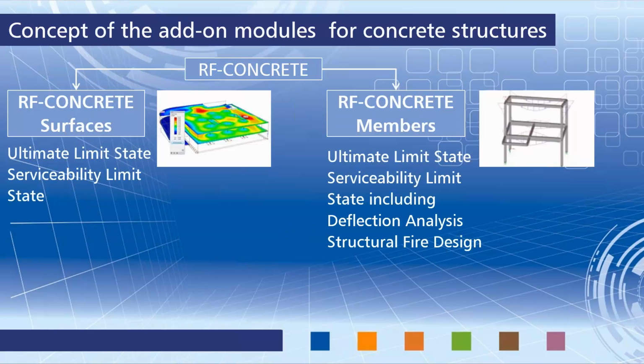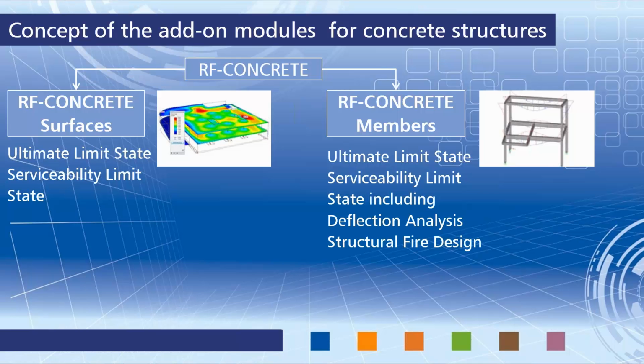Let's get started with the concept of our module family for the design of concrete structures. The RF concrete is split into two modules, the RF concrete surfaces and the RF concrete members. The surfaces module is for the design of surfaces like concrete slabs, walls or shells, and the RF concrete members is for the design of members.